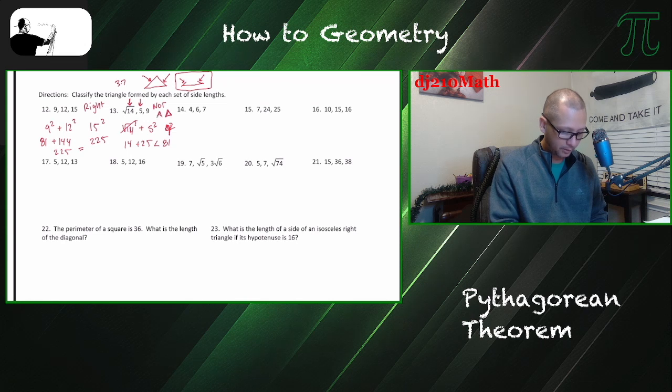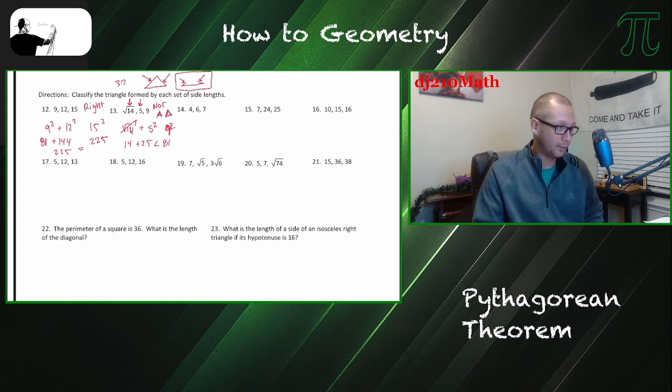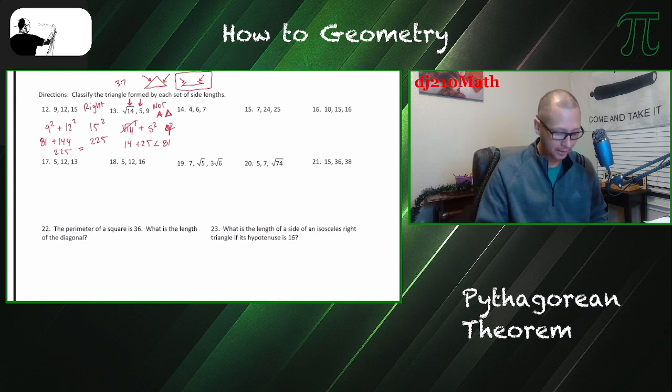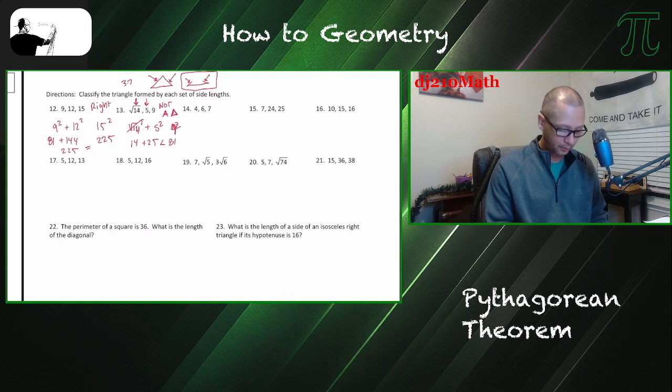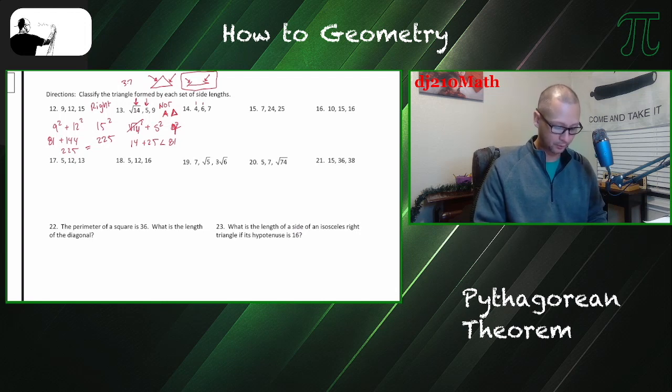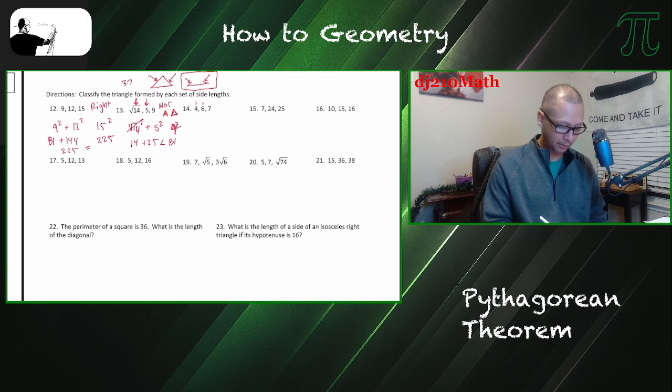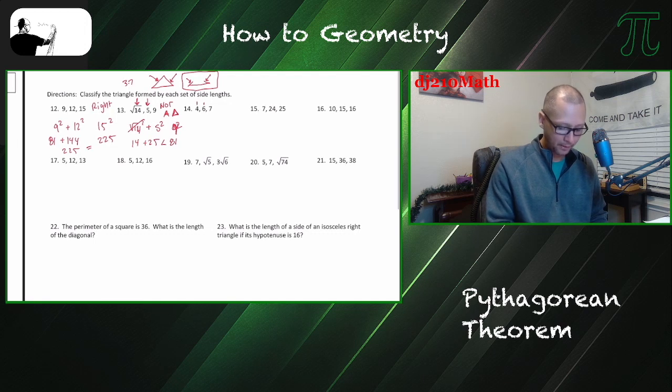I guess it's worth checking to see if it's even a triangle first. And if it is, you can proceed, and if it's not, you can just scrap it. So let's look at 4, 6, 7. So 4 and 6 is 10, which is definitely longer than 7, so this is a triangle. Let's see what kind. This is going to be 4 squared plus 6 squared, compared to 7 squared.